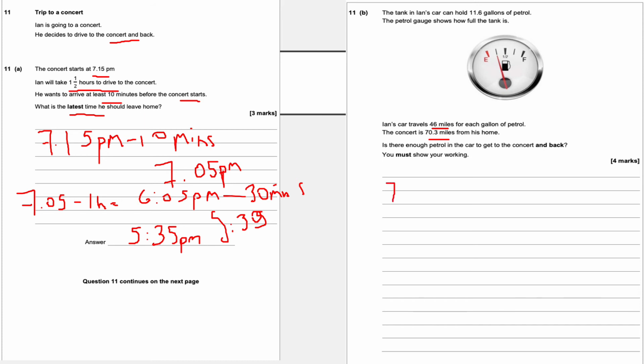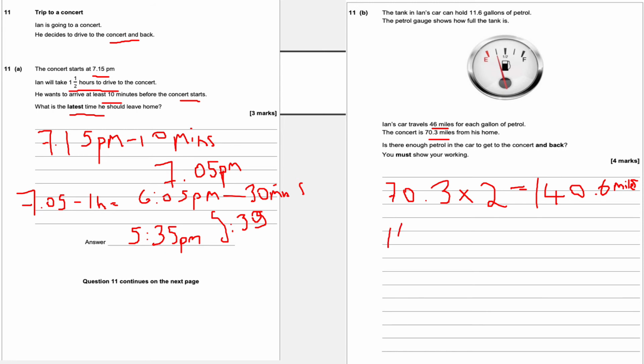Well, first of all, let's work out the total distance. So total distance is 140.6 miles. And each gallon takes him 46 miles.